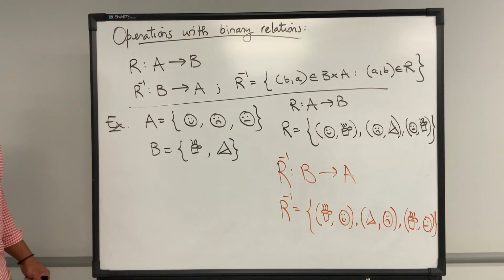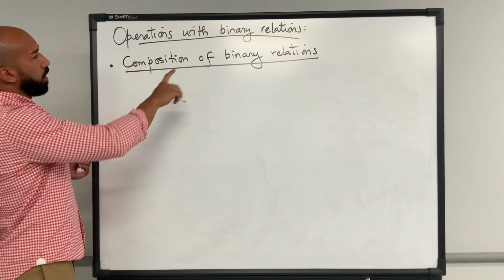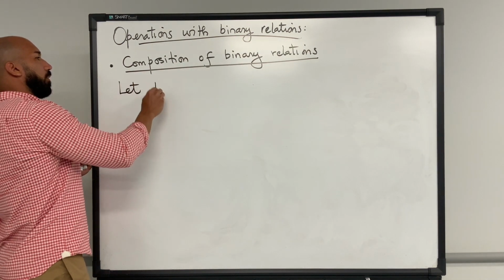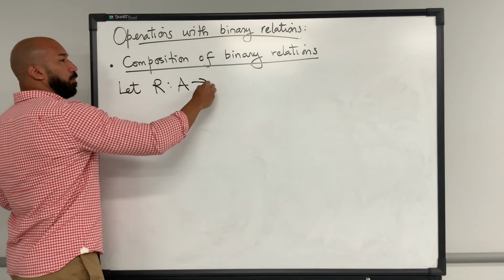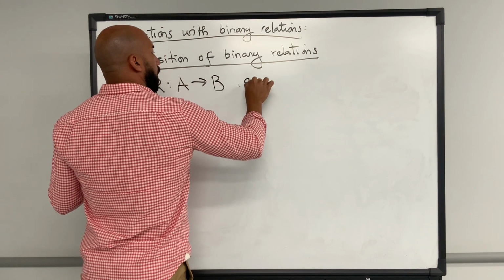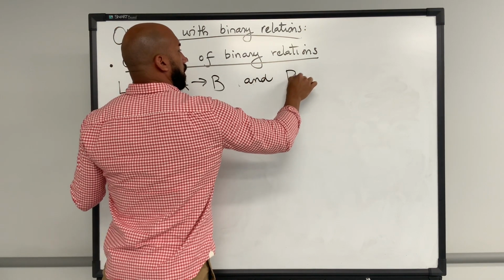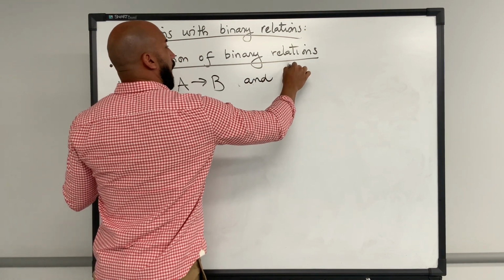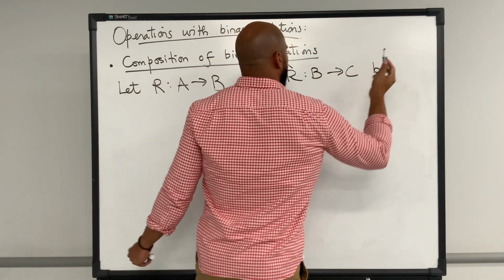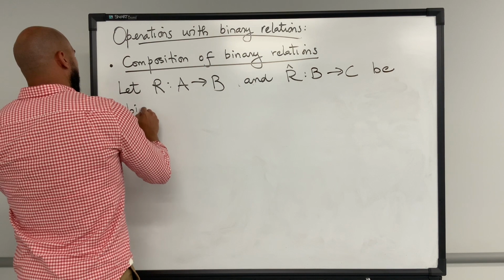Is that good? The last operation that we are going to see is the composition of binary relations. So let R from A to B and R hat from B to C be binary relations.